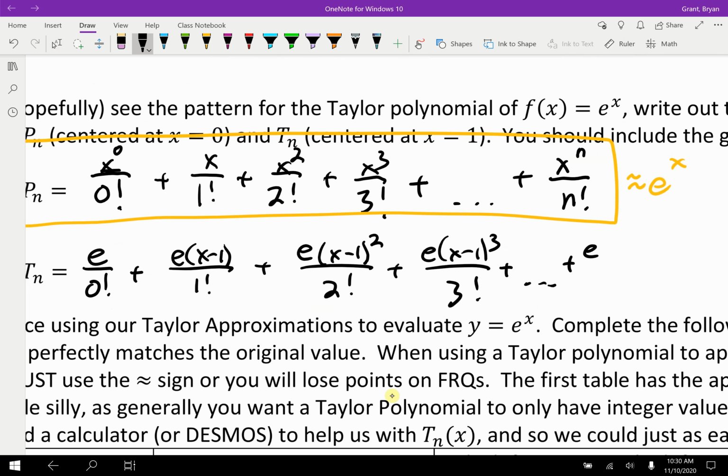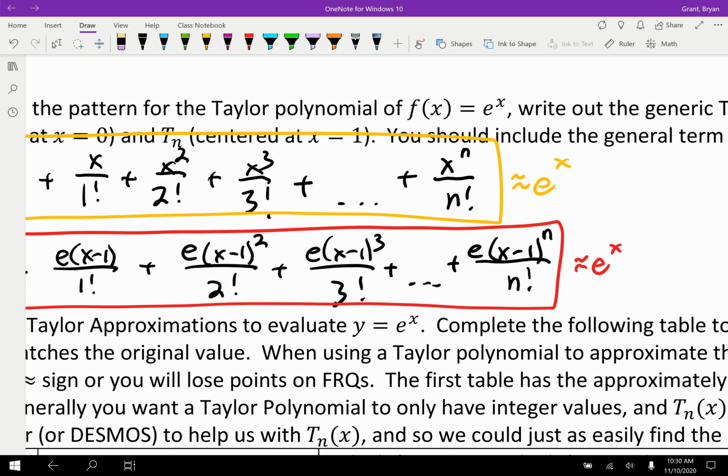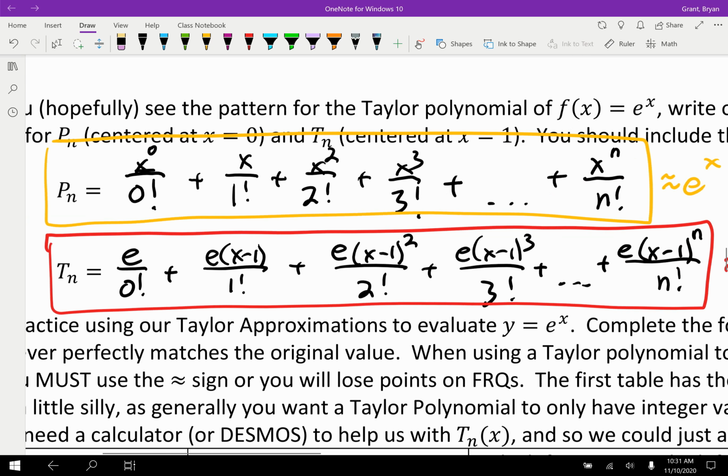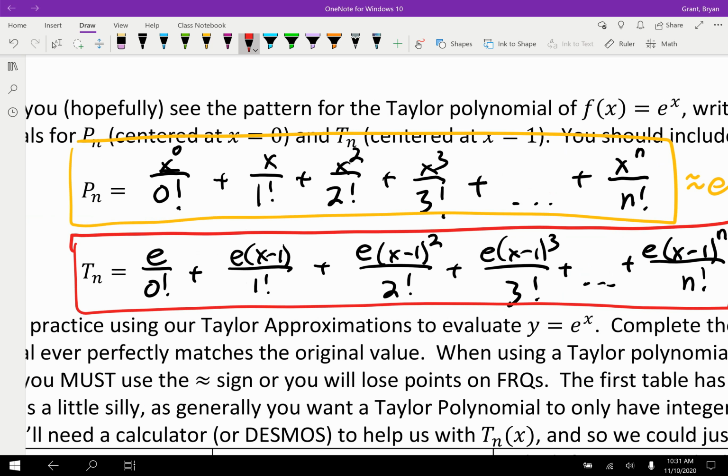However, the one in red is also approximately e to the x. Both of these Taylor polynomials can be used to find values for e to the x. But which one would you want to use? Well, hopefully you're thinking the top one, because the top one doesn't have e. We can do all of the calculations of the one in yellow without a calculator. It might take us a while to do some cubes and squares, but we can get there.